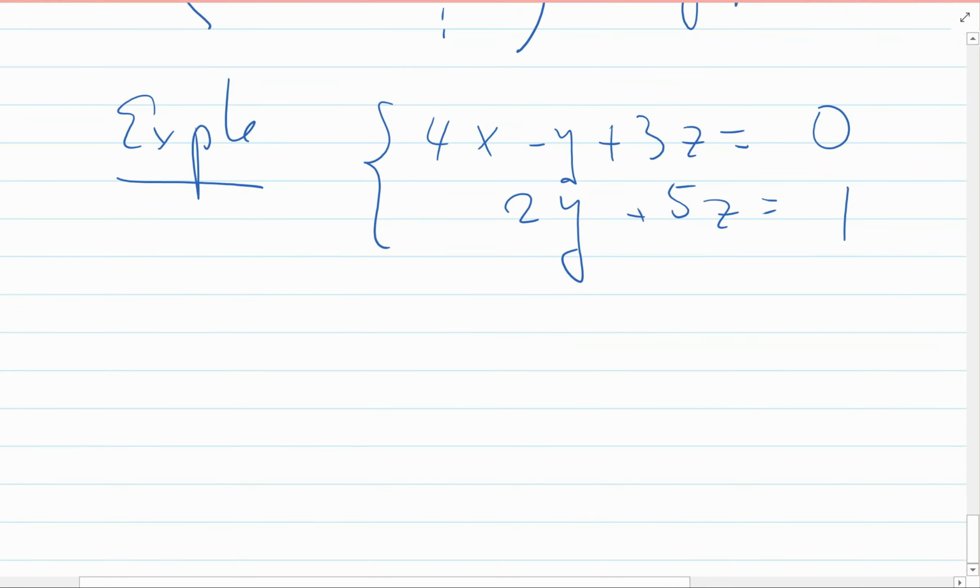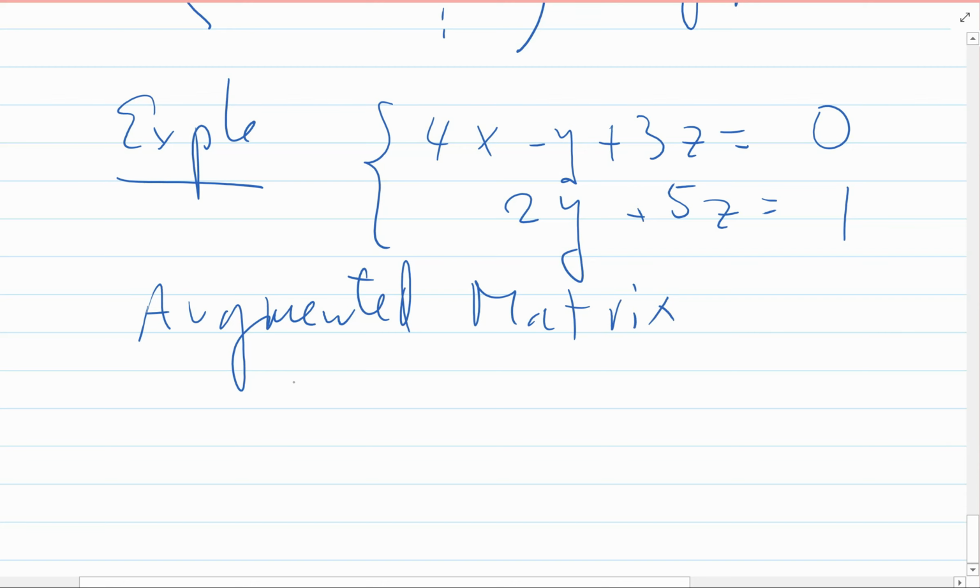So the augmented matrix for the system will be, two equations, two rows of data. In the first row, what's the coefficient of the first unknown, x? It is 4. The second unknown, y? Minus 1. The third unknown, z? Number 3. And the non-homogeneous term? 0.